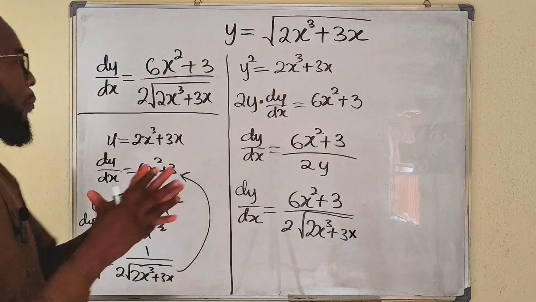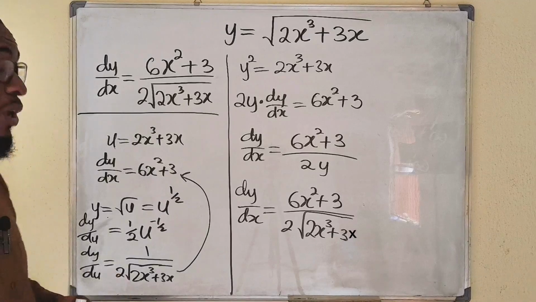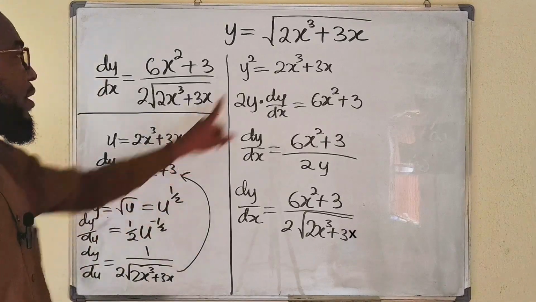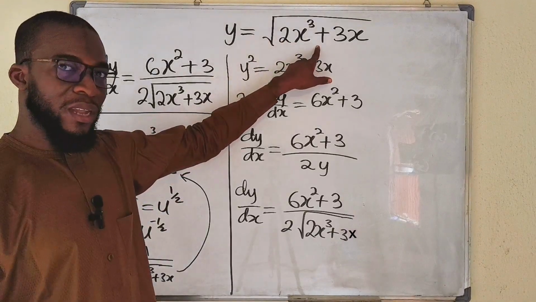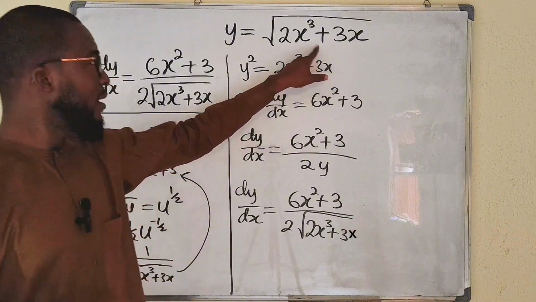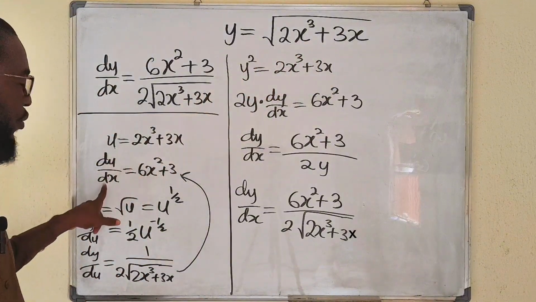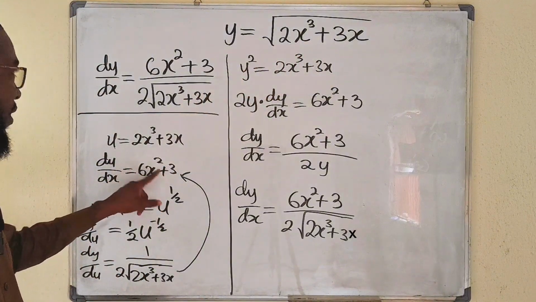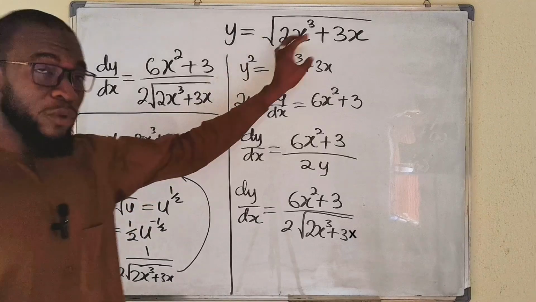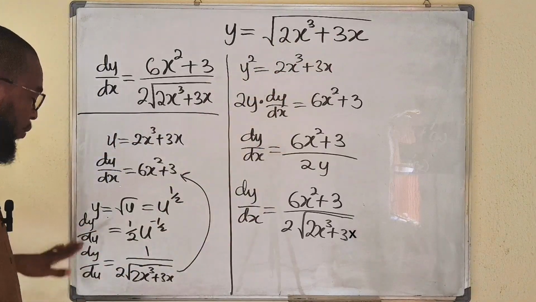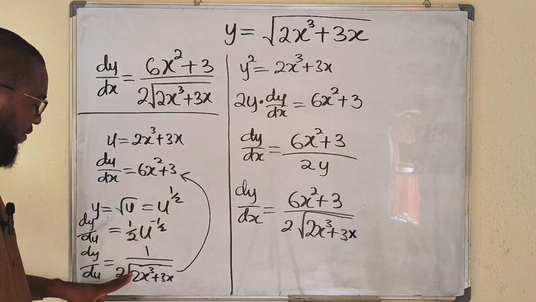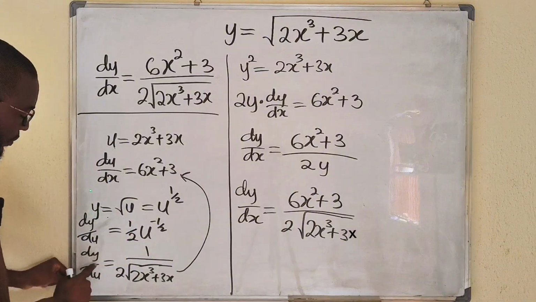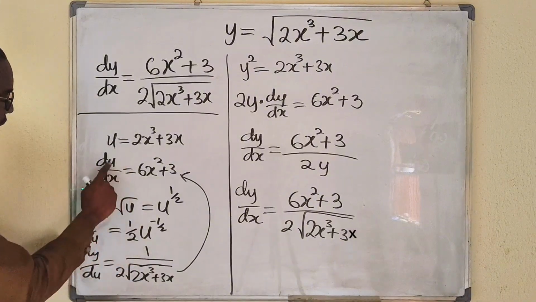That's it. But in case of theory questions where you have to show everything, you declare the inner function, that is the radicand, by u. You differentiate u with respect to x, you have this. Then y becomes the square root of u. Then you differentiate y with respect to u, you have something like this. Then you multiply dy over du by du over dx.